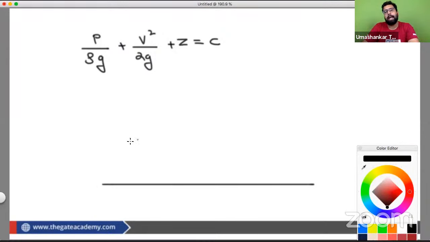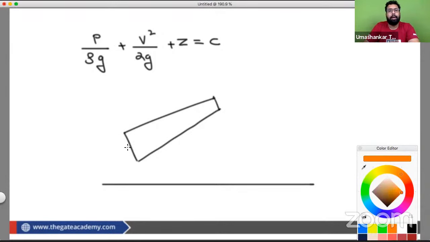Let's suppose we have a condition like this. What is this z? This is the datum. It represents the height, and P and V obviously represent the pressure and velocity.